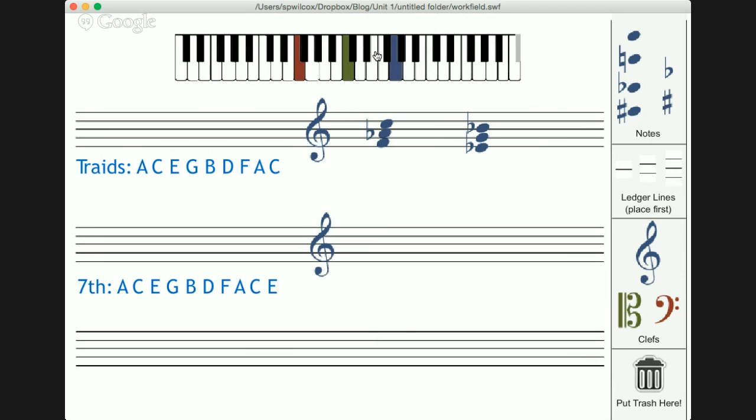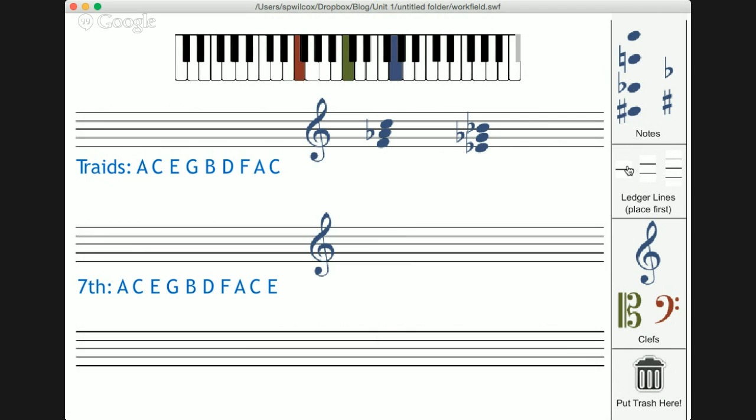Well, between E flat and G, we have a major third. So again, we're going to want to bring it down by a semitone. And so now between E flat and G flat, we have a minor third. And between G flat and B flat, we have what? Well, it's 1, 2, 3, 4 semitones. So one way to make minor triads is to make a major triad and then lower the middle note of your triad by a semitone.